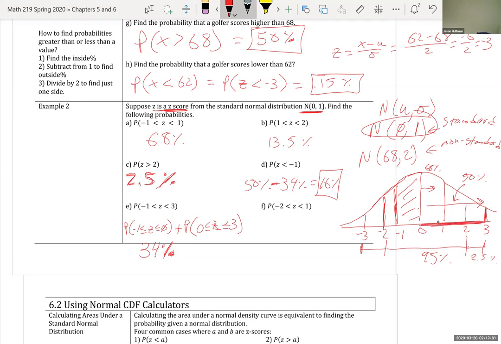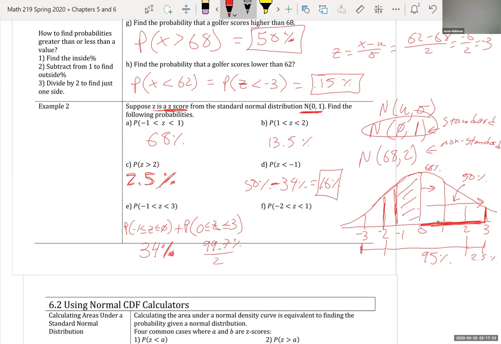Three standard deviations above and below is 99.7%. What would be half of that, just from 0 to 3?